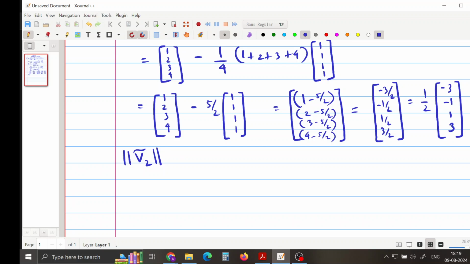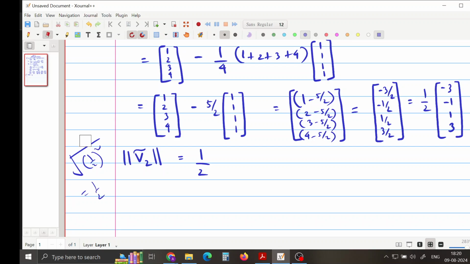So what is the norm of this vector? We have a constant factor of half outside, which can simply be taken outside. If you take the square root of half square, you get half itself.